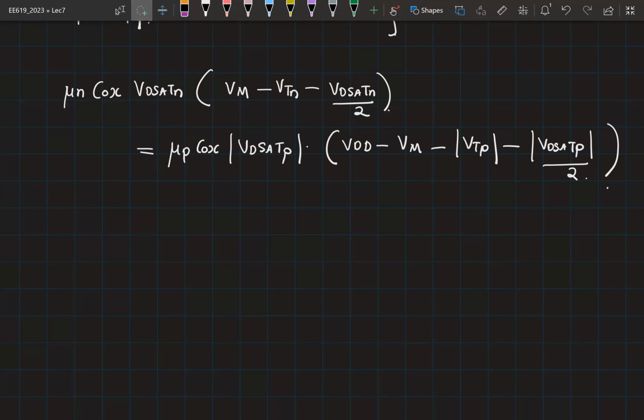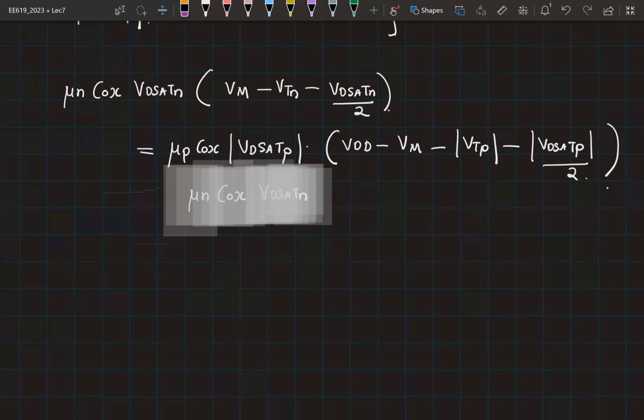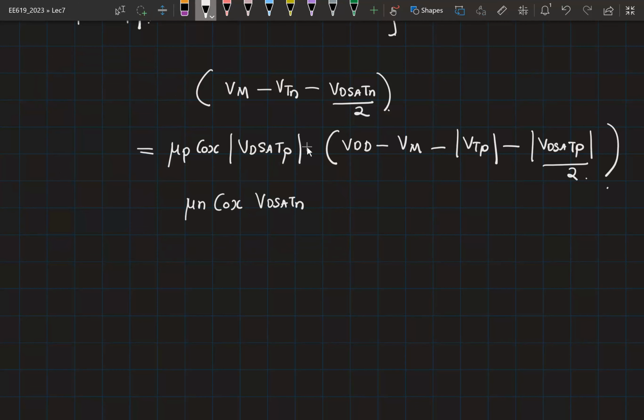So I'm going to take this factor. Oh, wait, there is a W by L missing, right? So I'll write the W by L with the subscripts to differentiate between the NMOS and the PMOS.